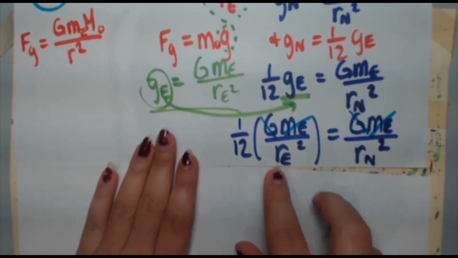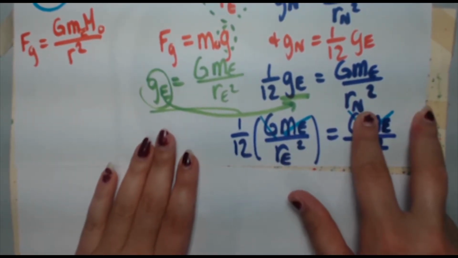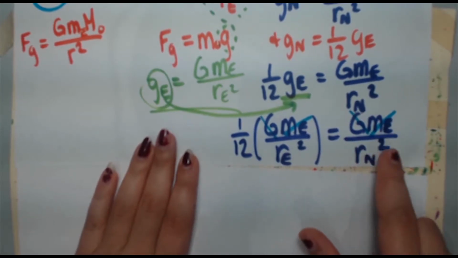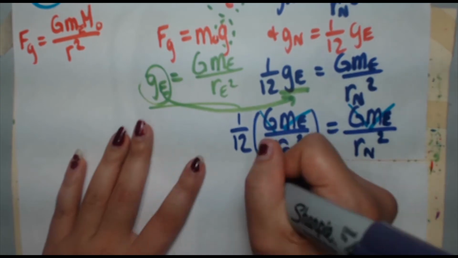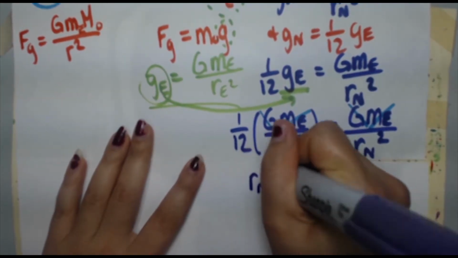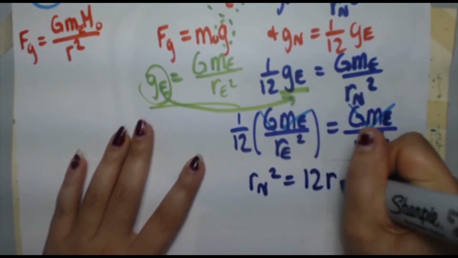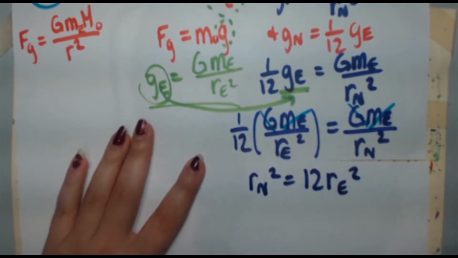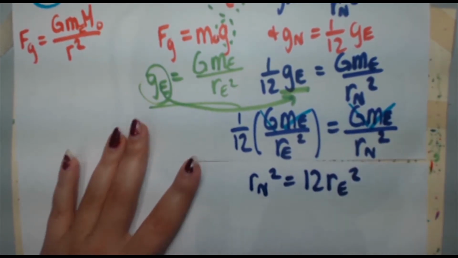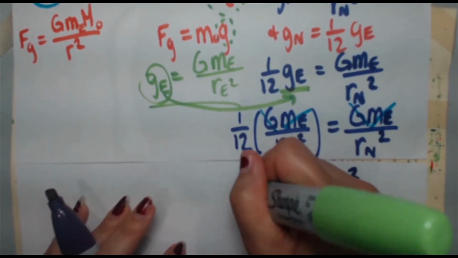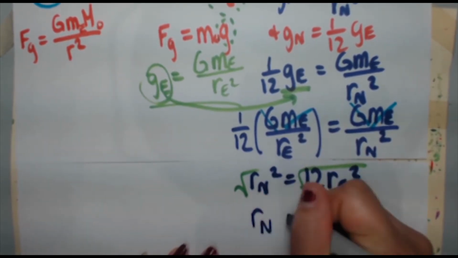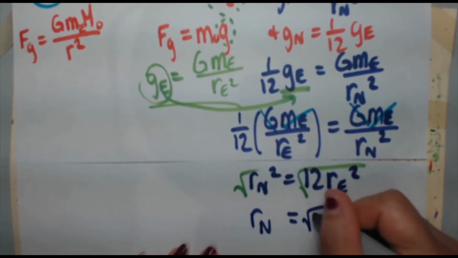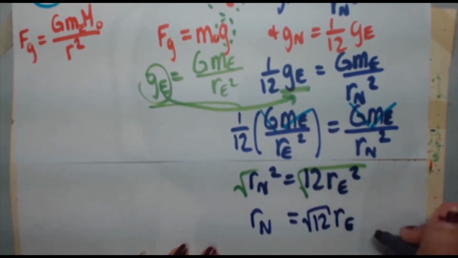I'm going to take the 12 R_e squared, multiply it across to the numerator on the right, take the R_n squared, multiply it to the left, making it in the numerator on the left. So we're going to end up with the expression R_n squared is equal to 12 R_e squared. At this point, we're trying to get R_n, so take the square root of both sides. Square root of R_n squared is R_n. Square root of 12 times R_e is what you get on the right.